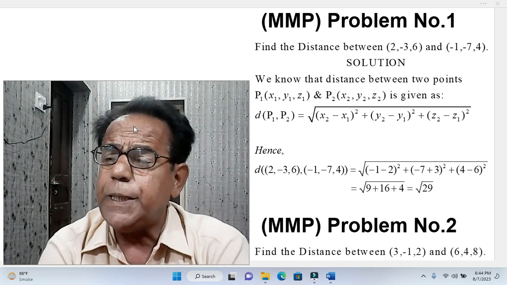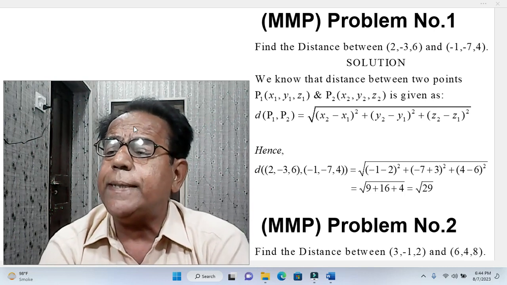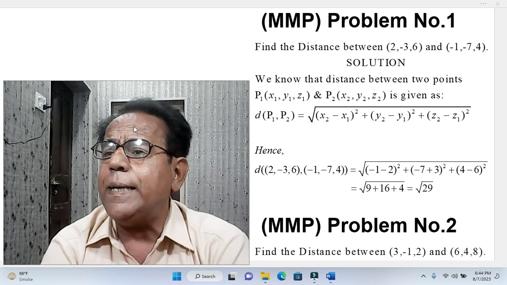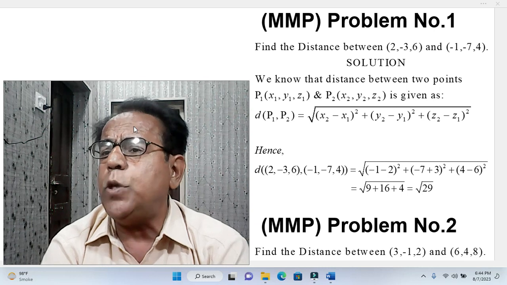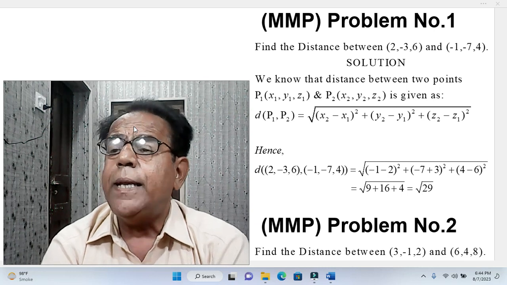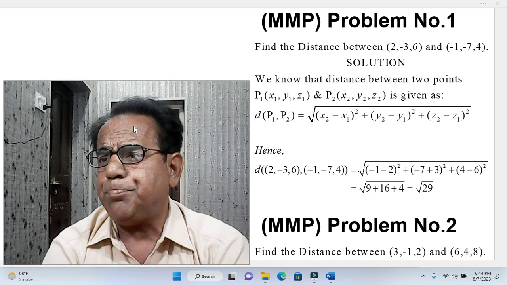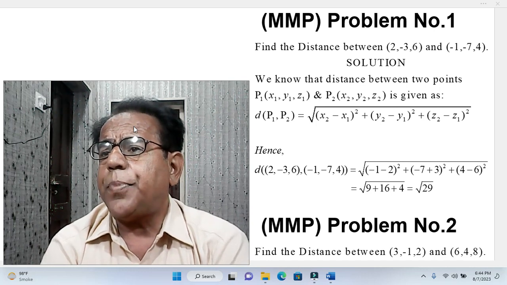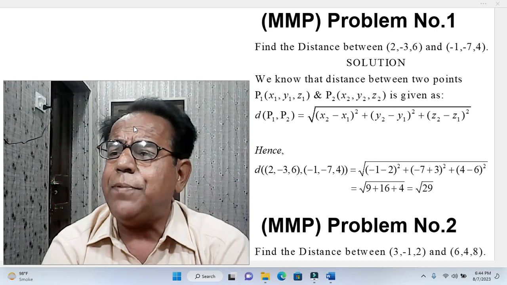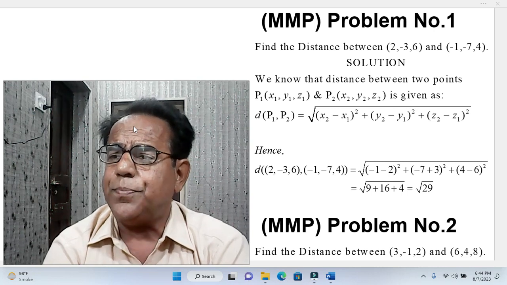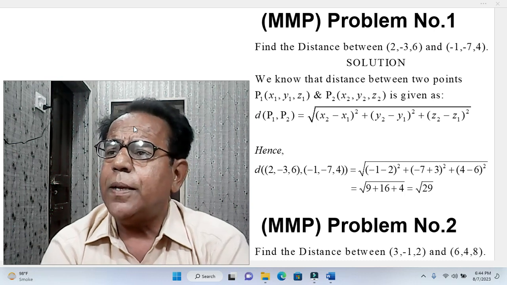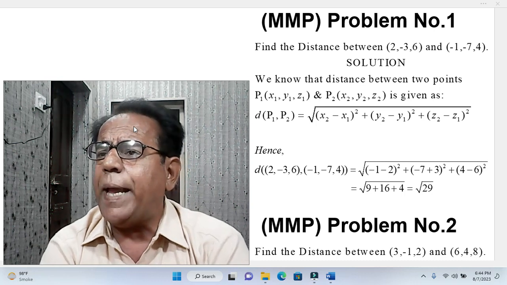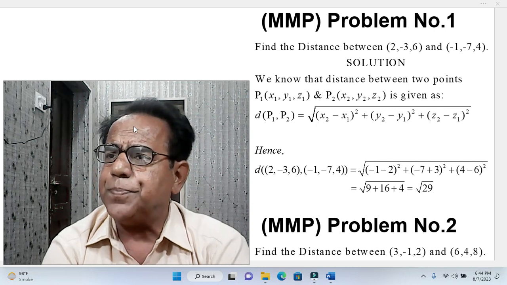Because dear students, here -1 is regarded as x2 while 2 is regarded as x1. Here we have taken the square of difference of x2 and x1.